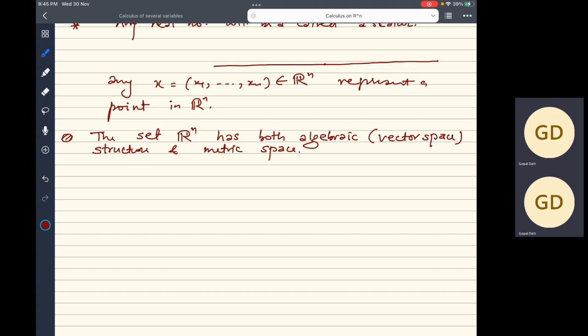So how do we define this vector addition and scalar multiplication? We define vector addition as follows.